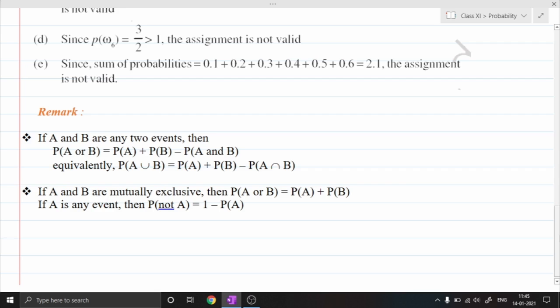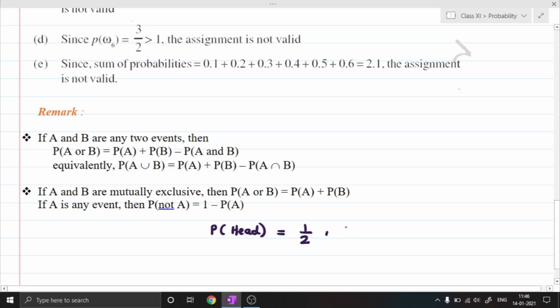Okay, and the last formula is P of not A. Remember, for any particular event, P(A) and P(not A), their addition will always be equal to 1. For example, if you toss a coin and I ask you what is the possibility of coming head, the possibility of coming head in tossing one coin will be equal to 1 upon 2.